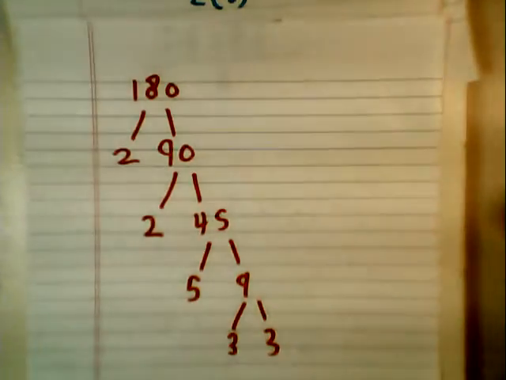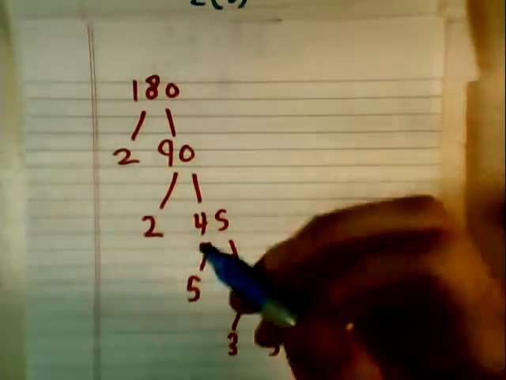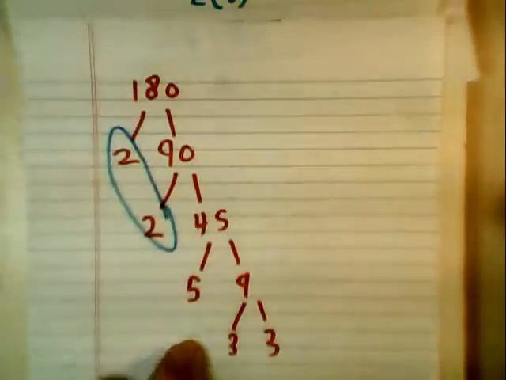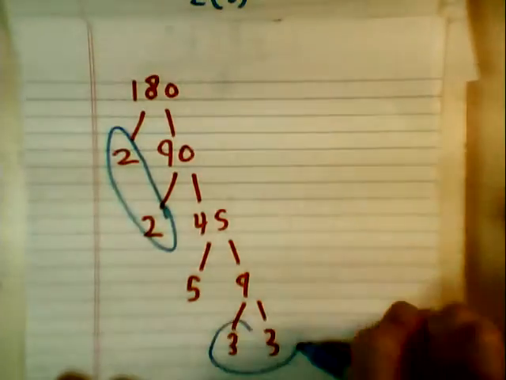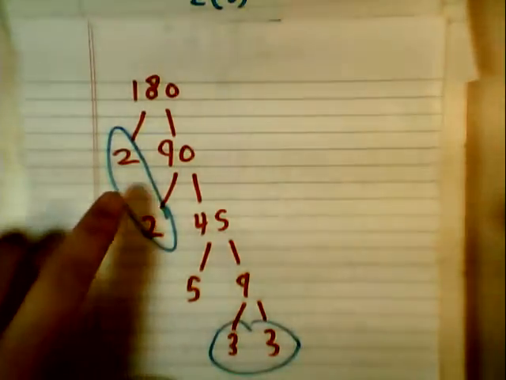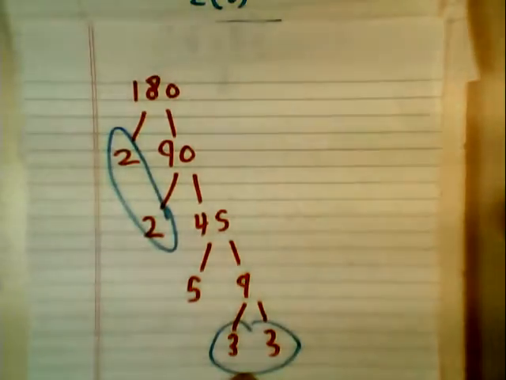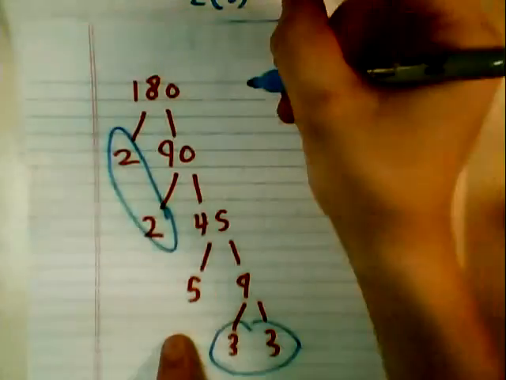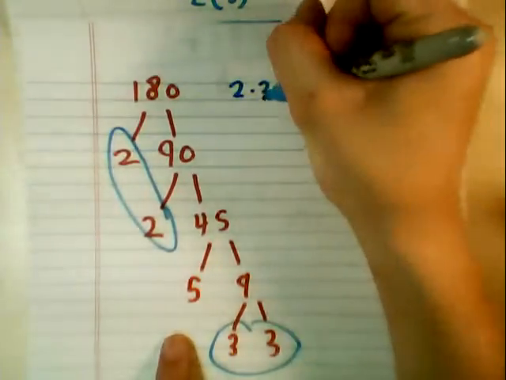Now since we have a square root, can we group anything? We can group the 2's because there's 2 of them, and we can group the 3's because there's 2 of them. So on the outside we will have 2 times 3, and on the inside we will have the square root of 5.